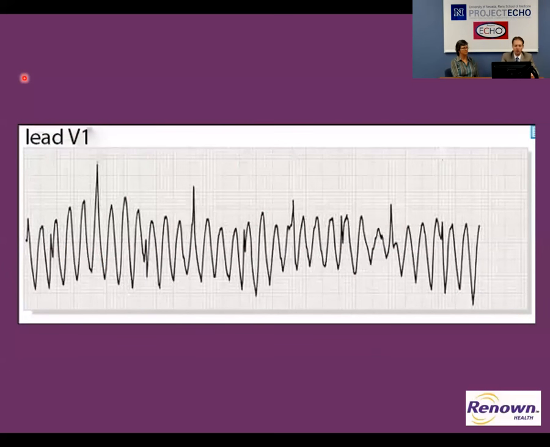So this is a more tricky one. I gave this at our conference at SQUA this year, and everyone immediately said torsades, which of course it looks like, because you have this apparent, sort of polymorphic twisting of the points. It looks like a wide complex tachycardia, but on closer inspection, when you see these narrow spikes, that connotes that there's probably conduction going down the native His-Purkinje system, down the ventricle.